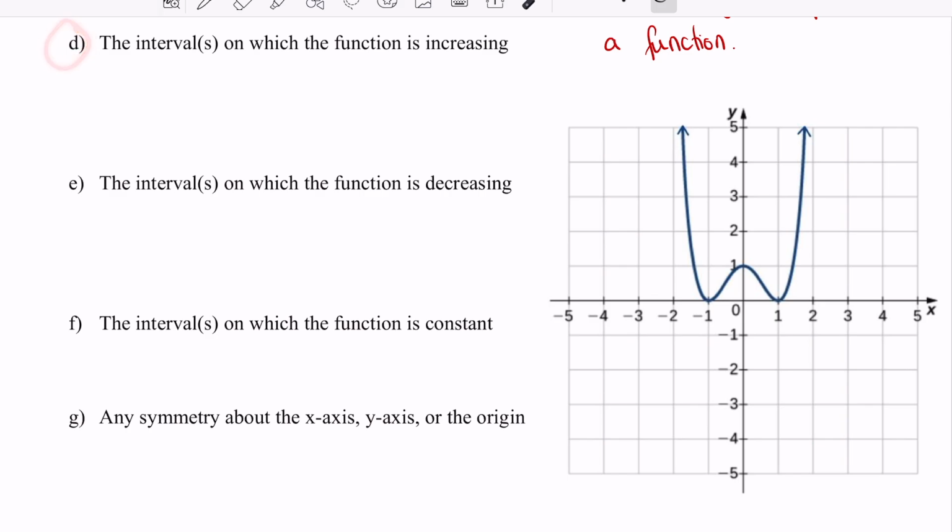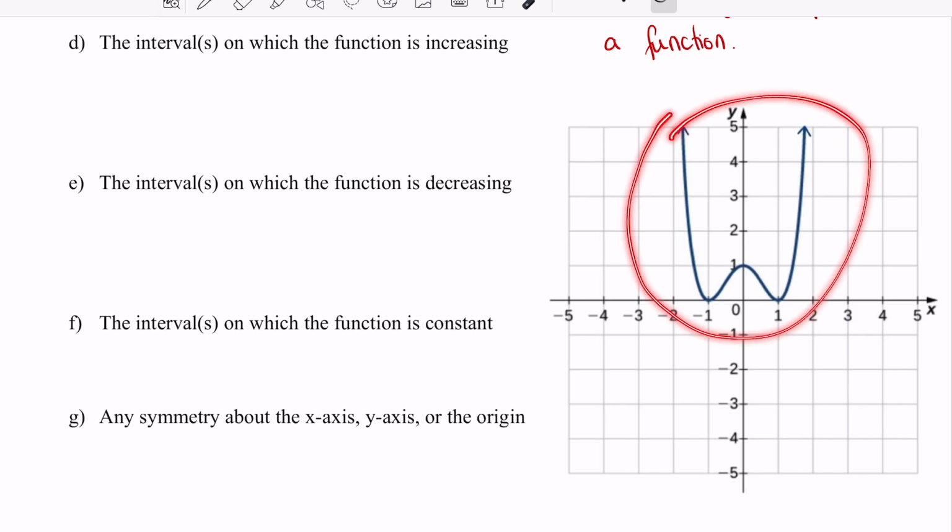Question D. Find the intervals on which the function is increasing. A function is increasing when the graph goes up as we move to the right. Let's look at this graph and break it into parts where the direction changes. From here to here, the graph is going down.